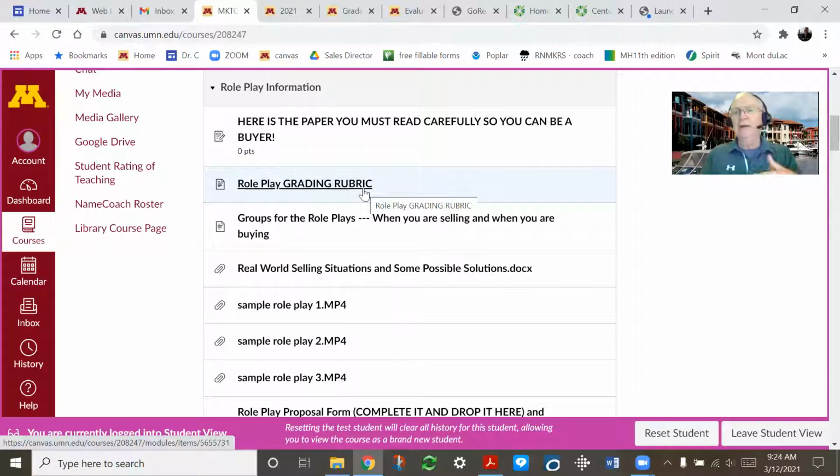Are you going to buy or agree to whatever they're proposing or not? That will be based upon a random roll of the dice. Do you go for the minimum, the primary, or the optimistic? And the minimum could be lower than what you as a seller on the other side wrote, if you didn't write one that's really kind of low. But anyway, I'll explain everything to the buyer. When the buyer is fully prepared and feels like they're ready to go and knows what they're supposed to do, then we'll come back into the classroom.